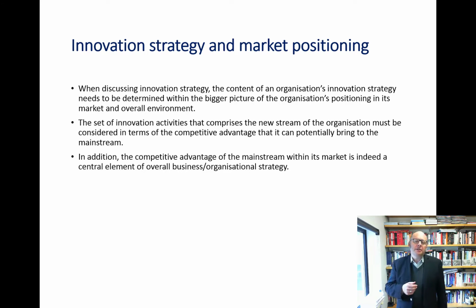What we're interested in here is the set of innovation activities that comprise a new stream of organisational activity that must be considered in terms of the competitive advantage that they will potentially bring. In a strategic context, what we're always trying to do is build and develop competitive advantage within our organisation. We're trying to identify what our advantage is relative to other organisations in the market.